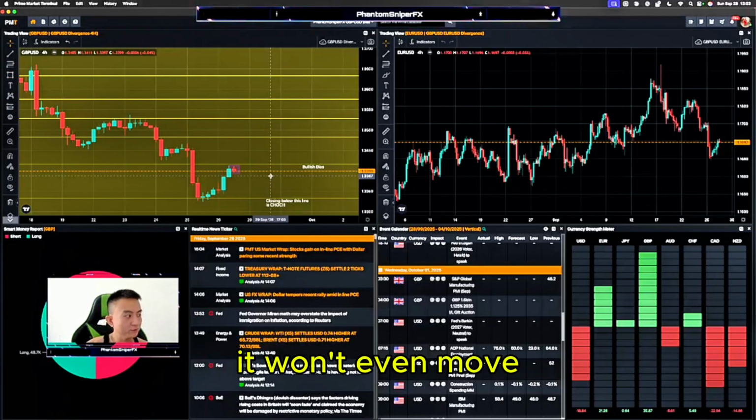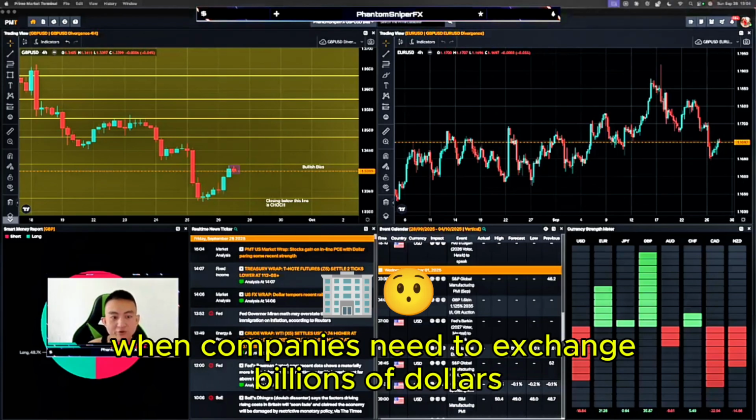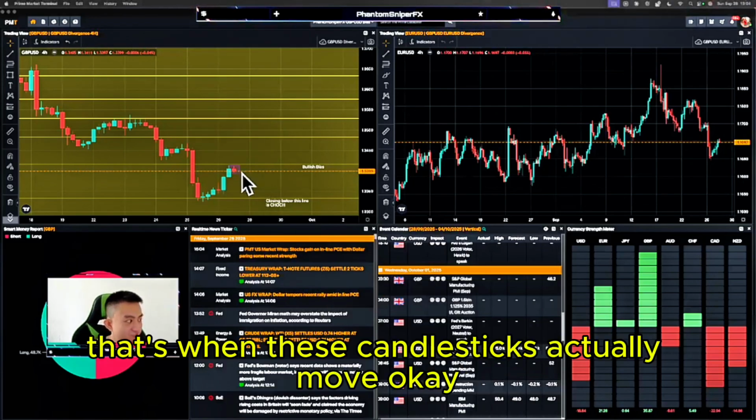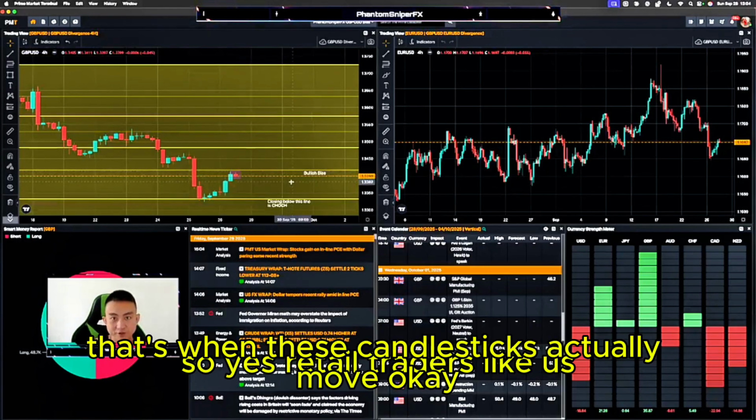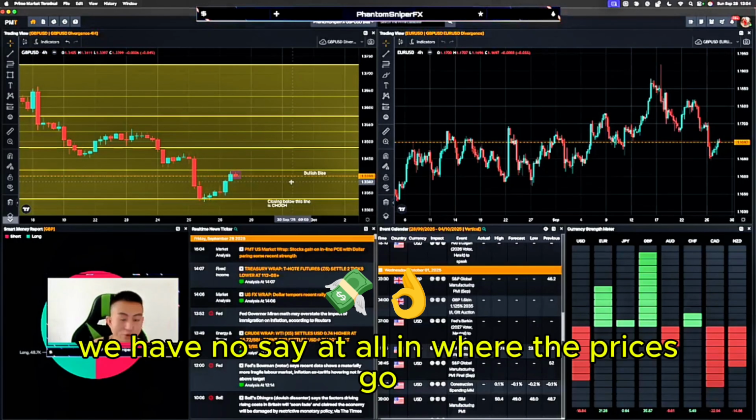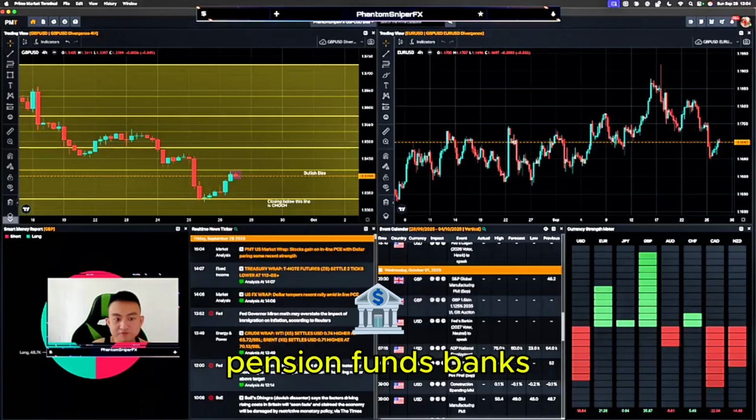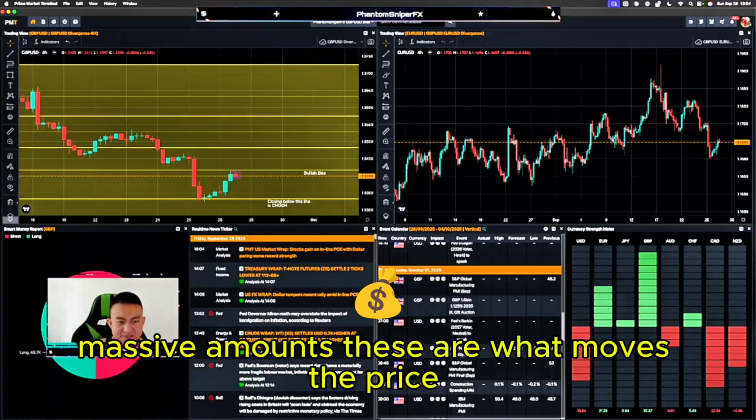Hell, it won't even move a decimeter. When companies need to change billions of dollars, that's when these candlesticks actually move. So yes, retail traders like us have no say at all in where the prices go. Pension funds, banks, massive amounts, these are what move the price.